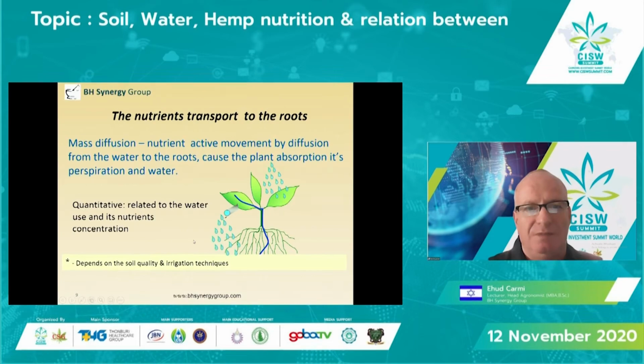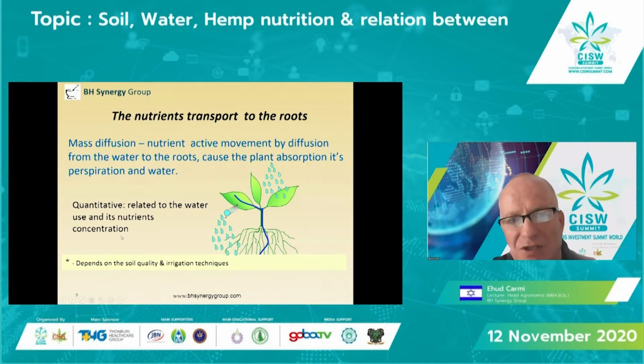It depends on the soil quality and the irrigation technique. We need to adapt the irrigation technique to the soil types, to our crop, to our varieties and their need. Whether we irrigate by drip irrigation or by sprinklers, it's another thing.